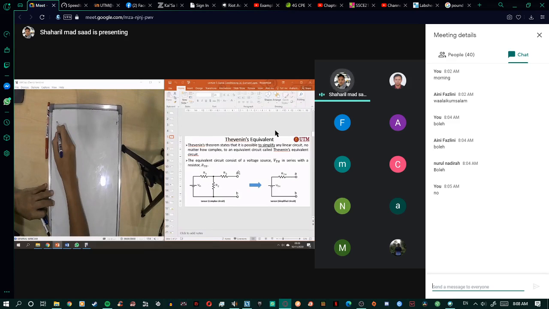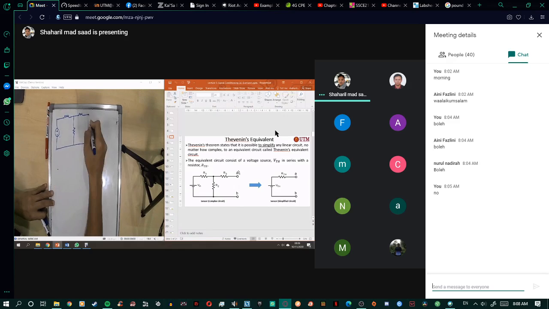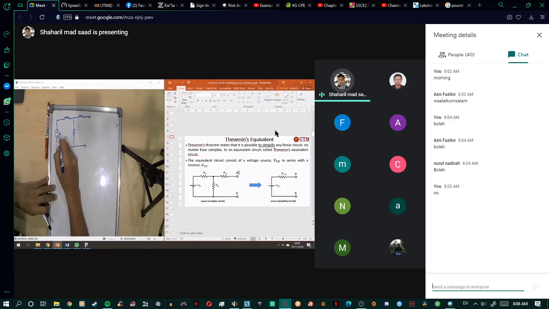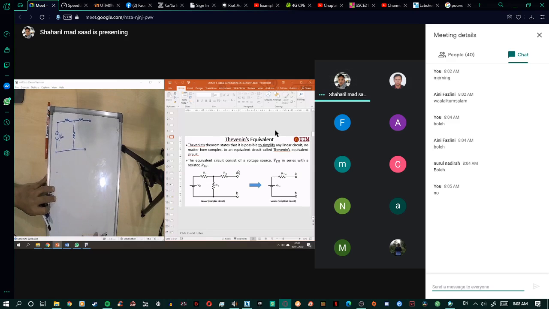For example, let's say this is your circuit. You have V in, then R1, R3, and R2. This is the point that you want to measure.